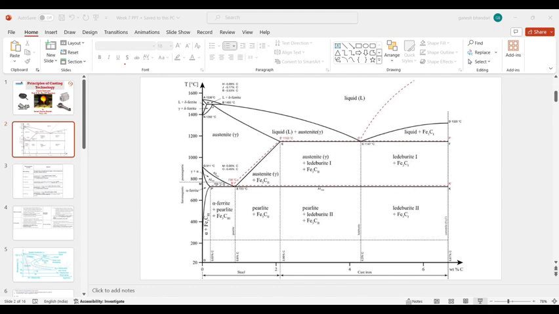So in surface heat treatment process, we put some extra material. We can provide it either in gaseous form, or in powder form also. We are going to submerge our sample in powder and heat treat it.